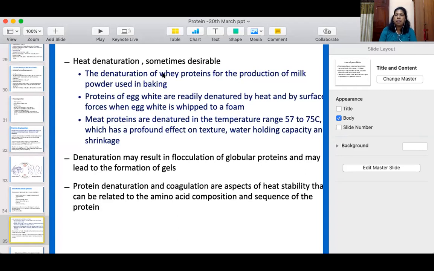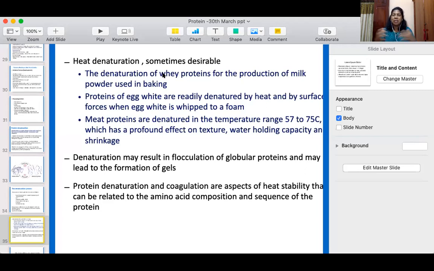Denatured means sometimes you may think that all the buried sides are exposed and the trapped or shrunk ribbon nature will be enlarged, and now the ribbons are open and its length is high. Therefore, you may think that once you heat it, the protein will be enlarged.